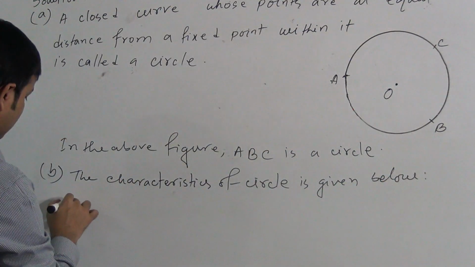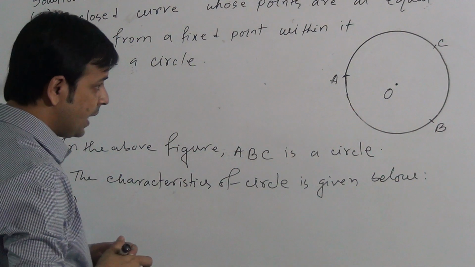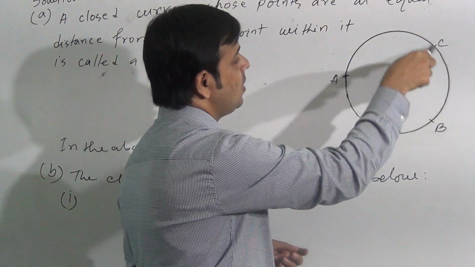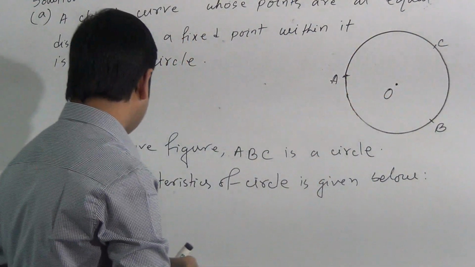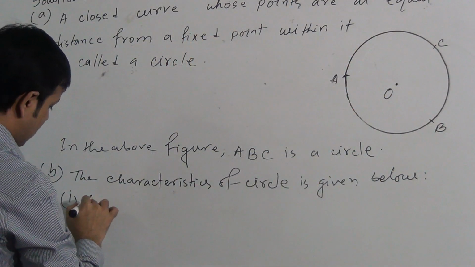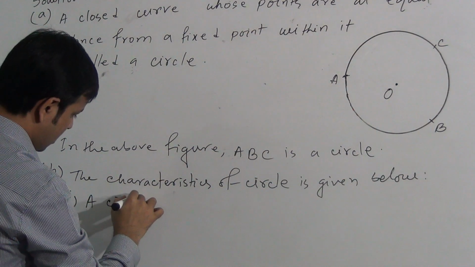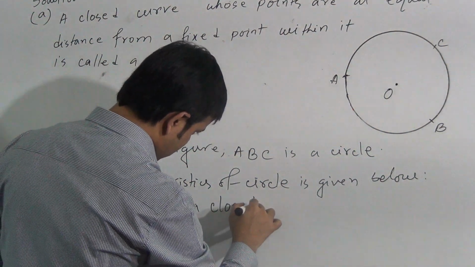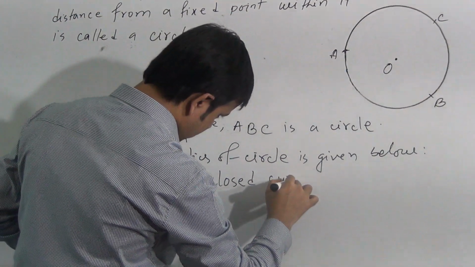Okay, first one. Students, we can say a circle is a closed curve. A circle is a closed curved line. So we can say a circle is a closed curved line.